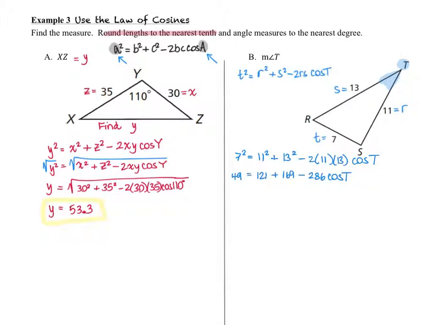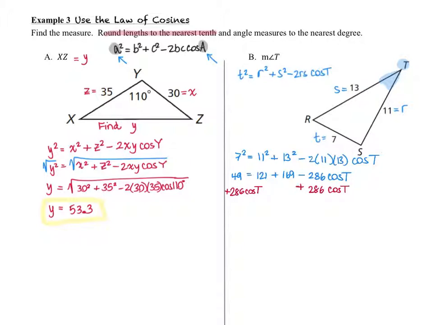So we end up with 49 is equal to 121 plus 169 minus 286 times the cosine of angle T. Now I know that this is going to look weird, but I'm going to add 286 times the cosine of angle T to both sides.